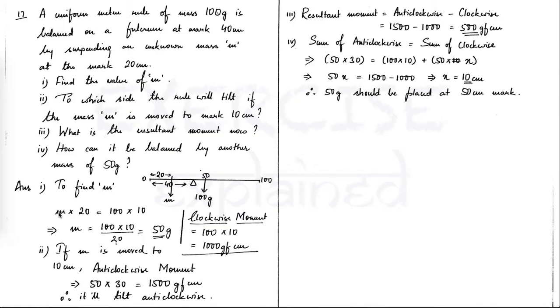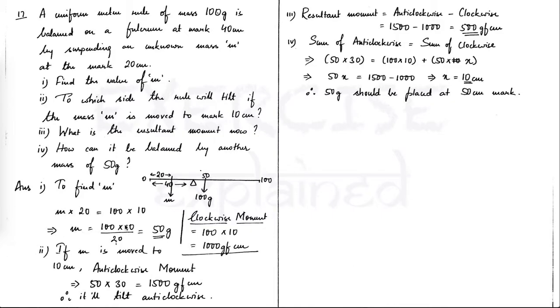So here I write m into 20 is equal to, this 100 gram is acting at the 50 centimeter mark. So we need to find this distance. The distance between 50 centimeter and 40 centimeter is going to be 50 minus 40, that is 10 centimeter. So we write it as m into 20 is equal to 100 into 10.